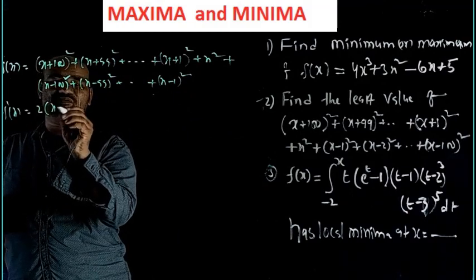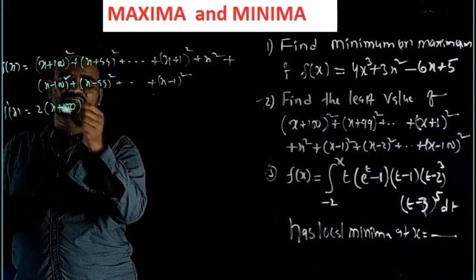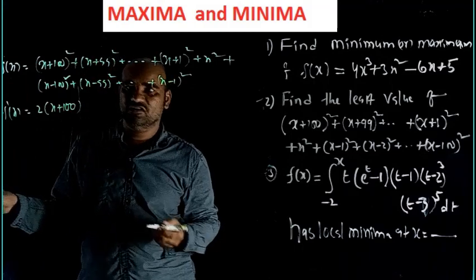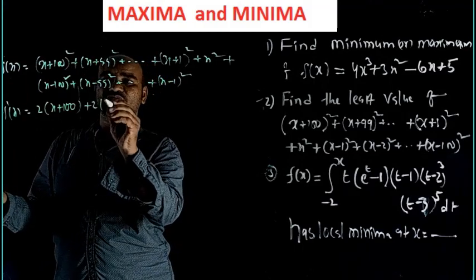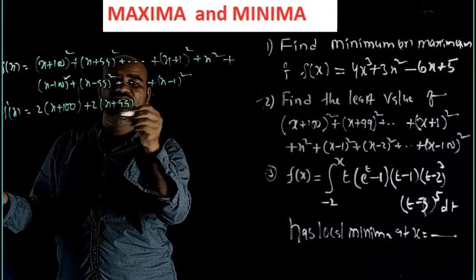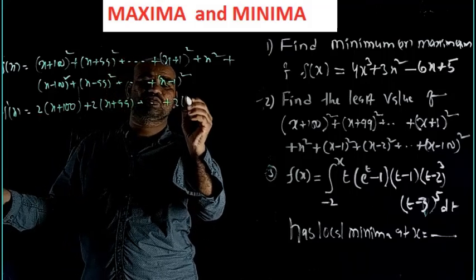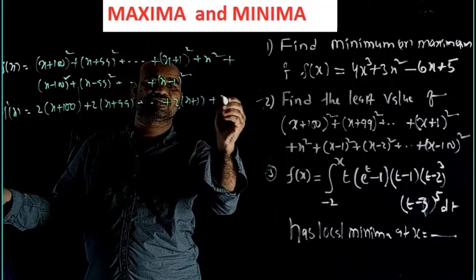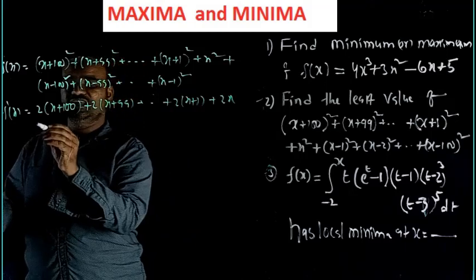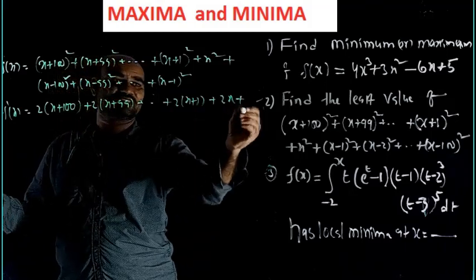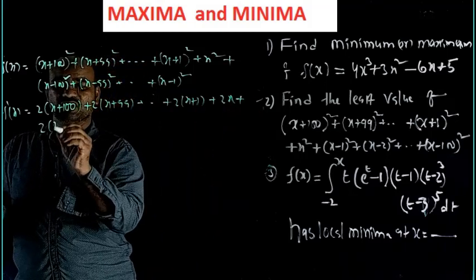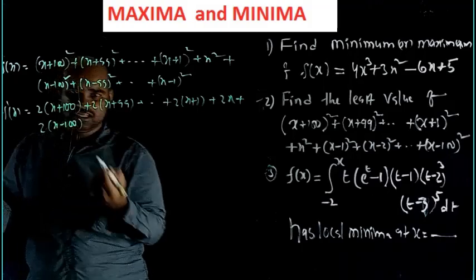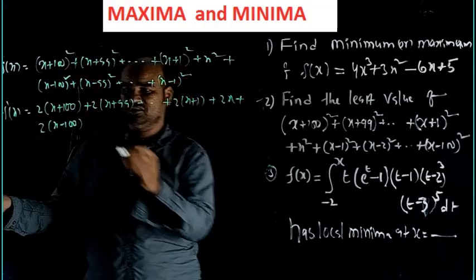2 times (x plus 100). The inner function x plus 100 has derivative 1 only, plus 2 times (x plus 99), and so on, plus 2 times (x plus 1), plus 2x. Here plus 2 times (x minus 100); the derivative of x minus 100 is 1 only, no need to write.